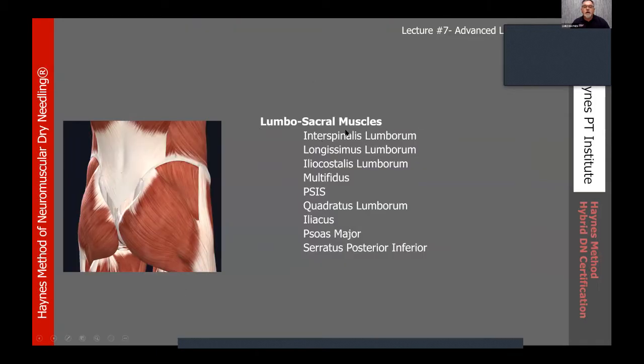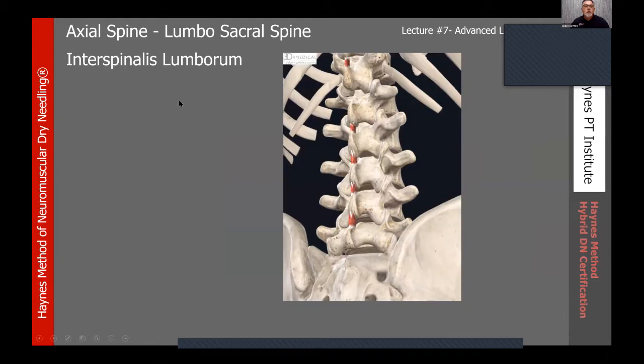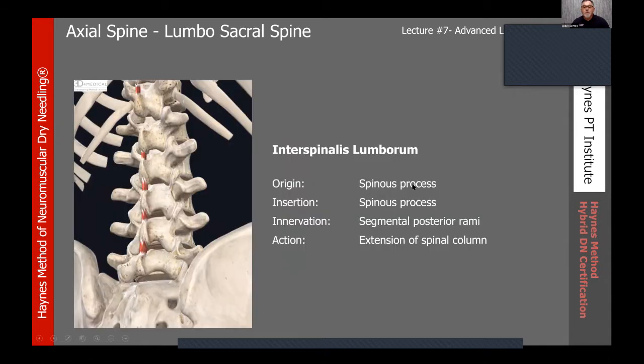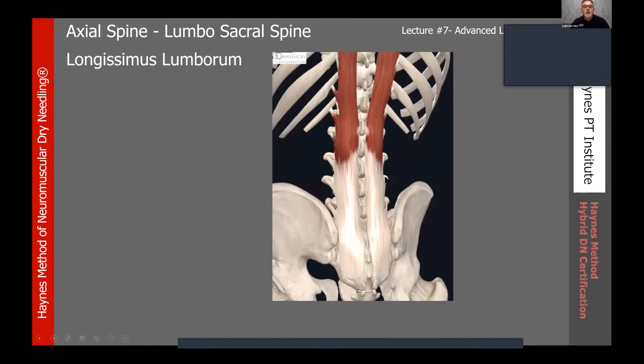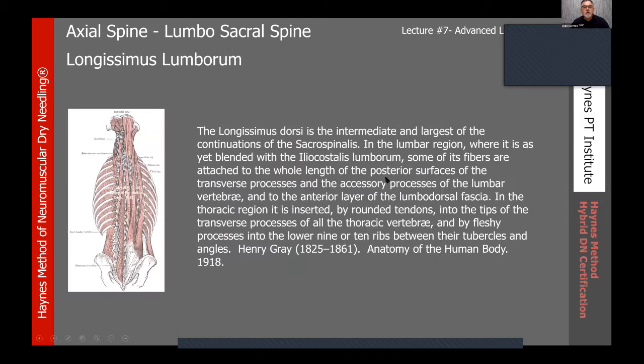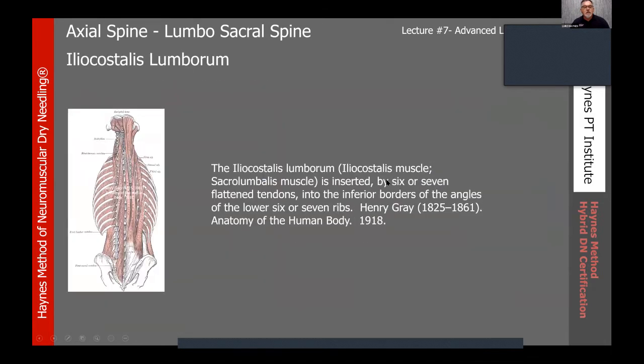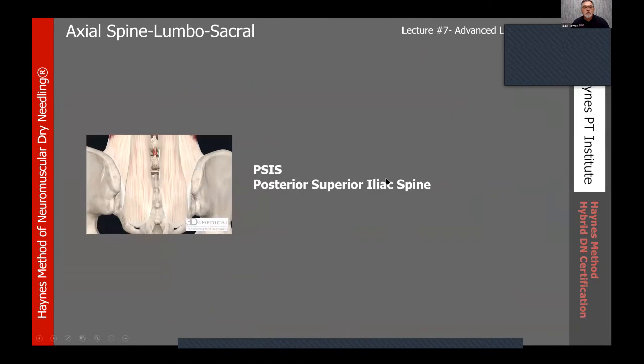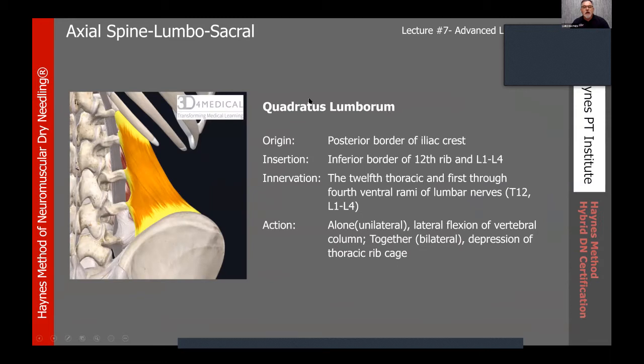and move straight into the muscles in the lumbosacral spine. So here again, we've covered a lot of these: the interspinalis lumborum and the longissimus lumborum, iliocostalis, multifidus, the psoas. What's new here, we'll look at the quadratus lumborum, and we'll talk about it in just a moment in our three-dimensional view.